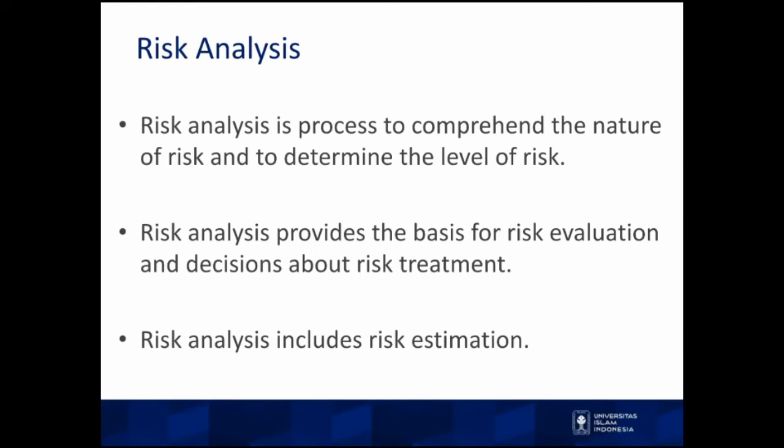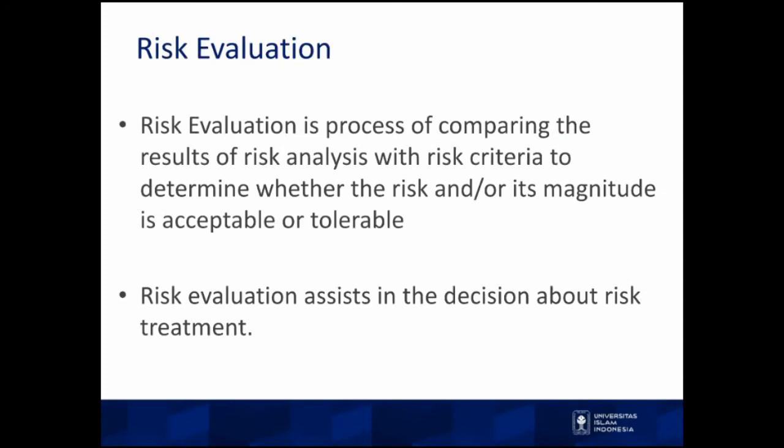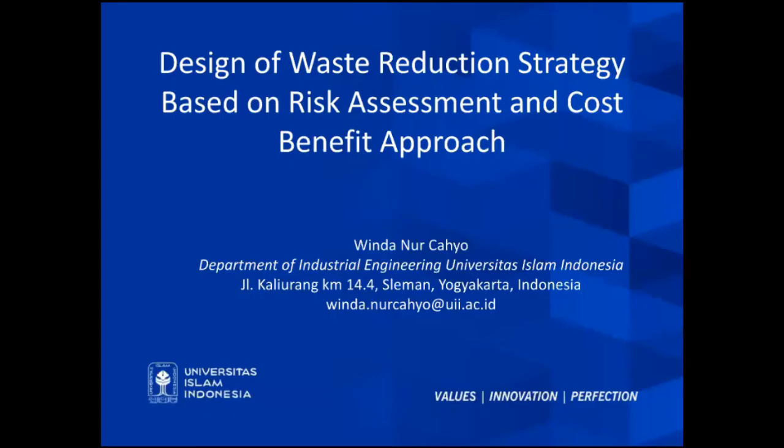It also includes risk estimation. And the last one is risk evaluation. So risk evaluation is the process of comparing the result of risk analysis with risk criteria to determine whether the risk and or its magnitude is acceptable or tolerable. So risk evaluation assists the decision about risk treatment.